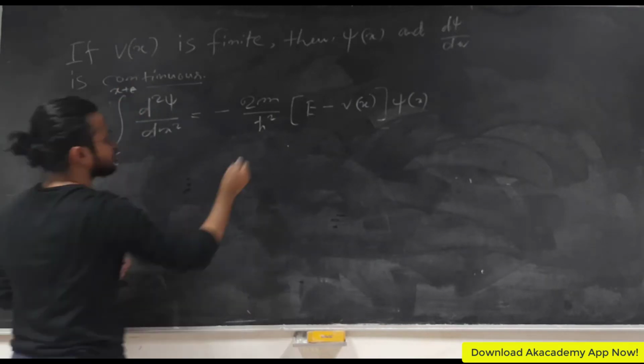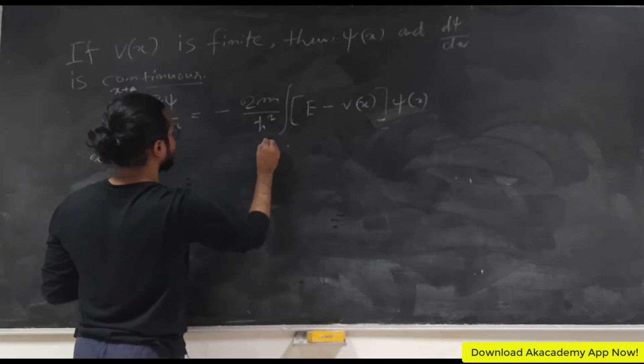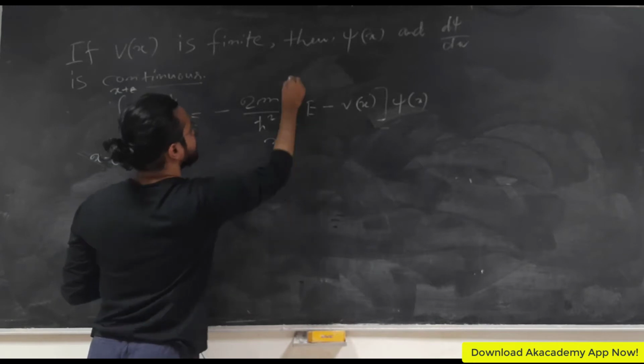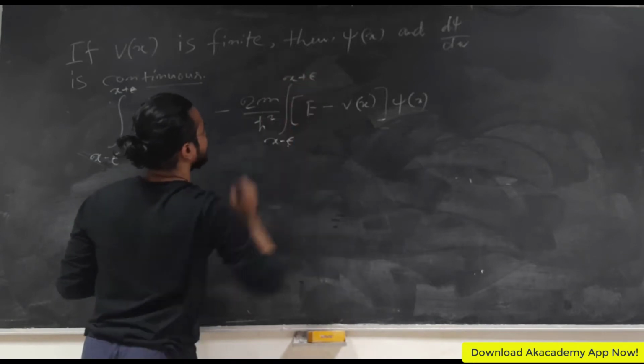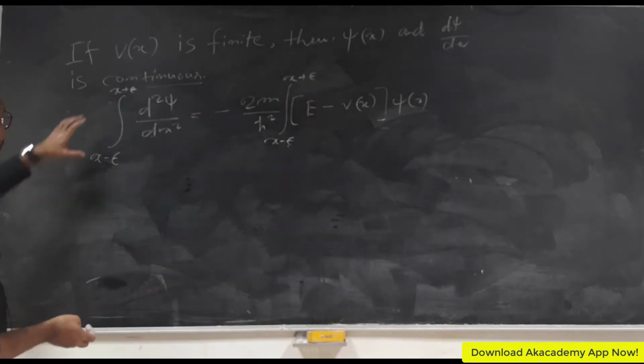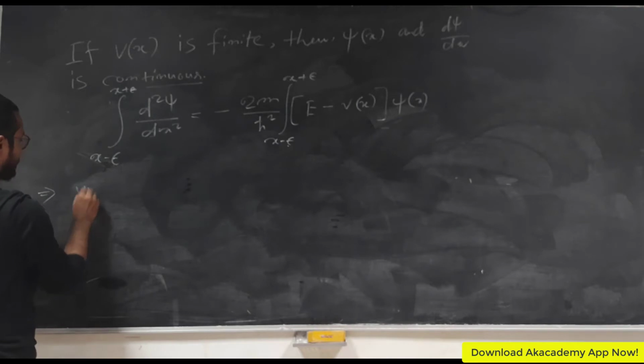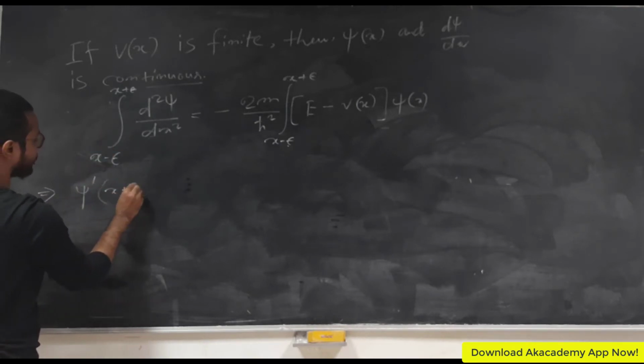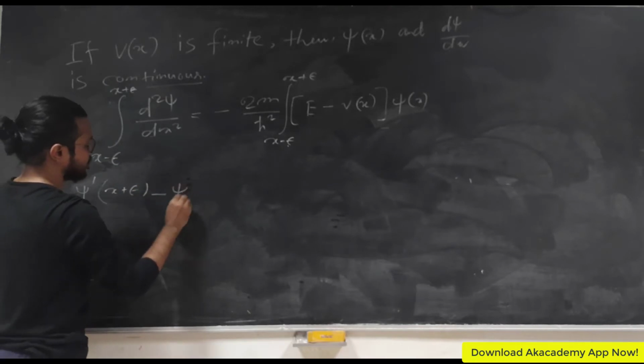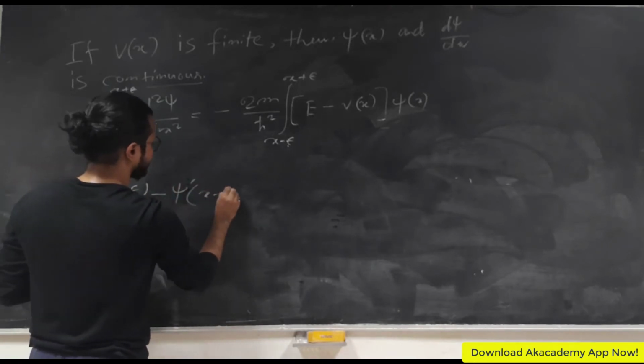What we will get on the left hand side is psi prime, which is d psi dx, at x plus epsilon minus psi prime at x minus epsilon.